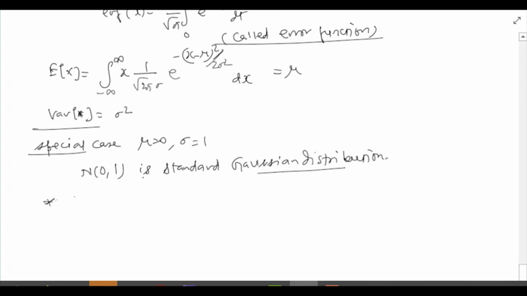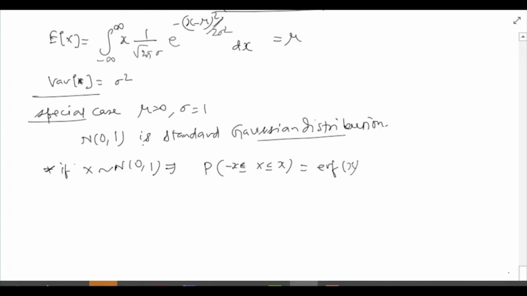Here are a couple of facts about Gaussian distributions. If X is standard Gaussian, then the probability that X will take values between minus small x and plus small x turns out to be equal to error function of x over root 2.